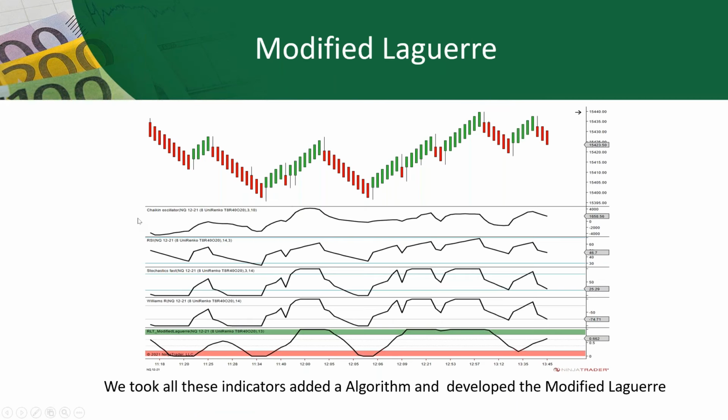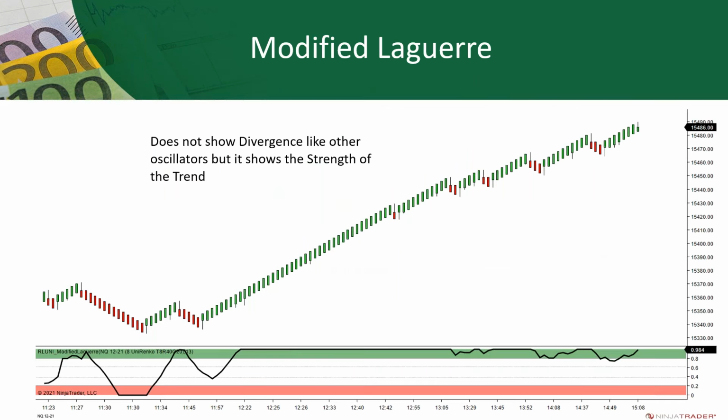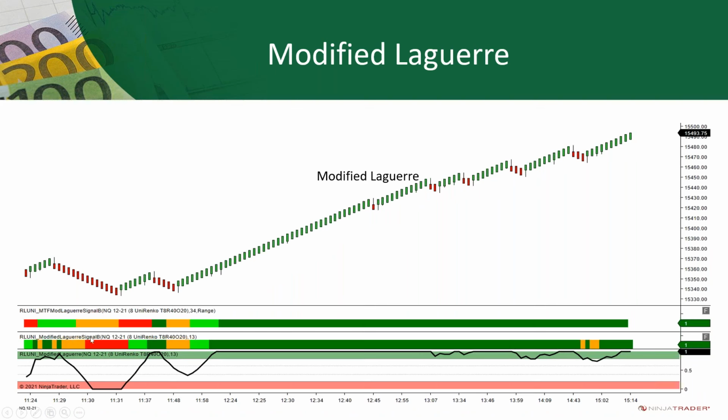All right, so the modified Laguerre: we took all these indicators and added an algorithm to them, and we developed what we call our modified Laguerre. Now, the modified Laguerre is an oscillator, but it does not show divergence like other oscillators. It shows strength of trend. It is represented by the bottom colored line.